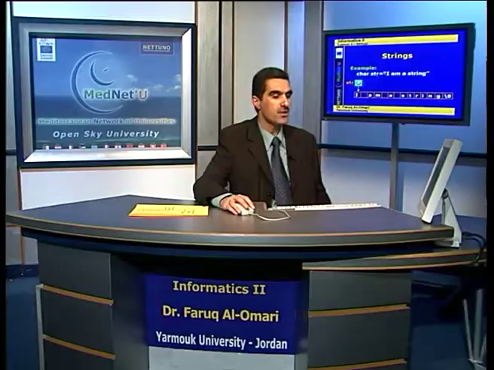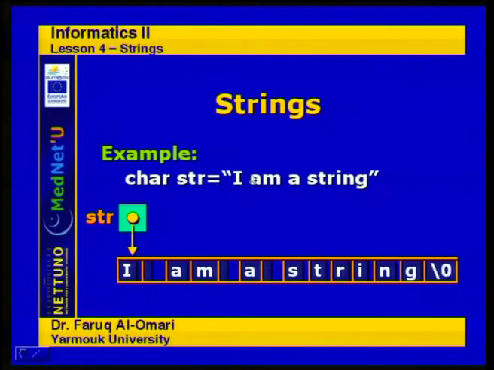So char str, and we're initializing it right away with a string. Basically, str is a pointer, and we know pointers by now, that points to the first character in the string. Here is a portion of the memory which shows the string.